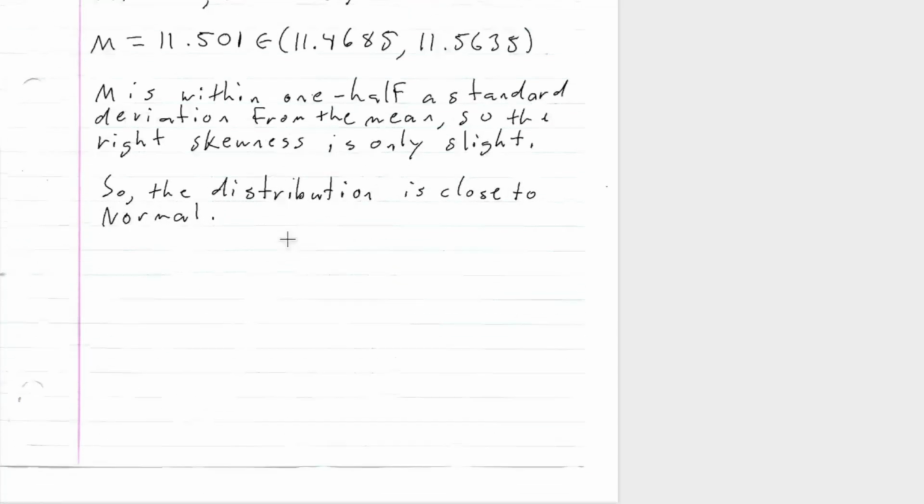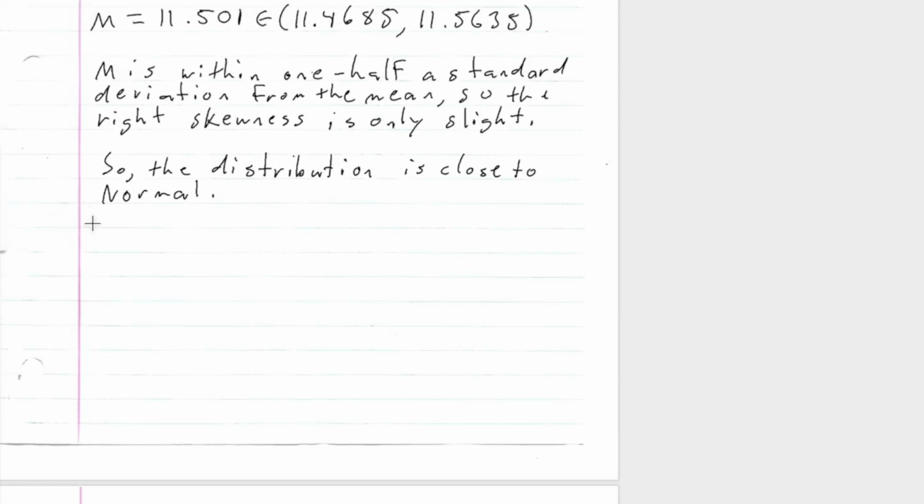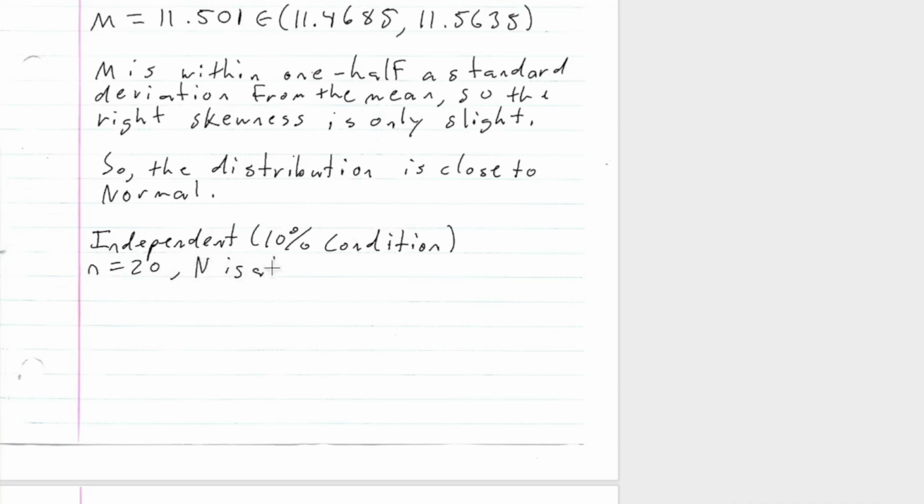All right, so now let's check our independence, or our 10% condition. So n was equal to 20 tablets, right? And N is all possible tablets produced.